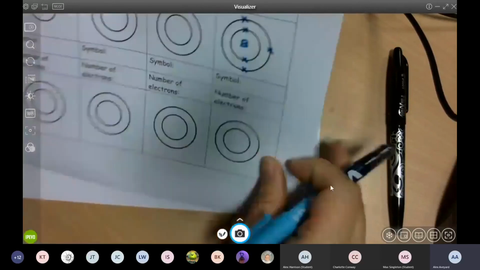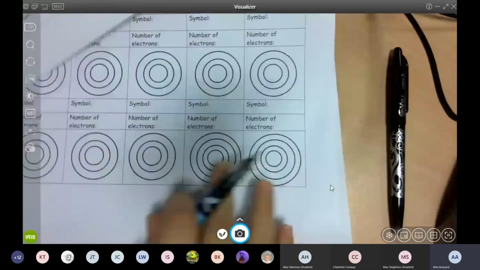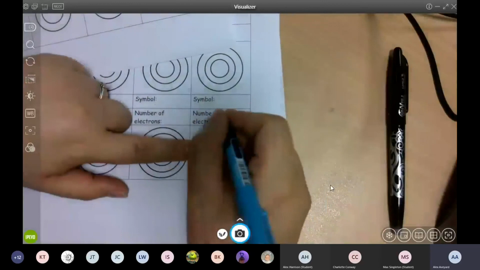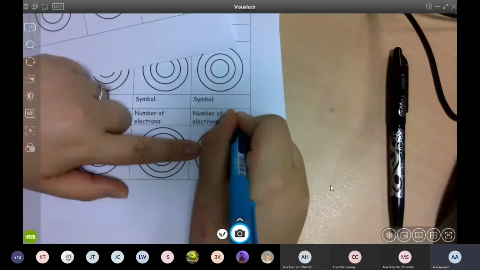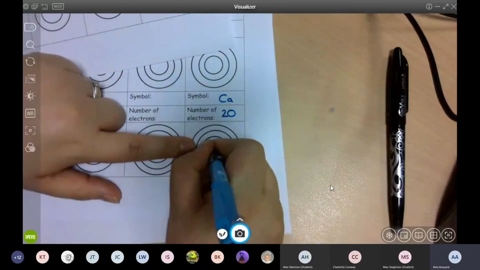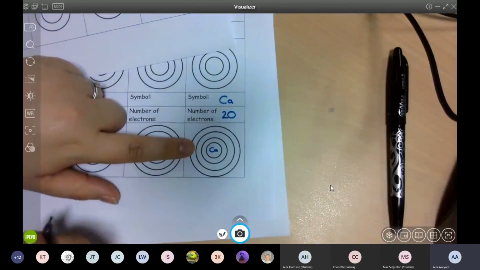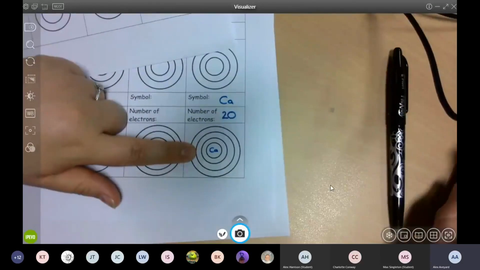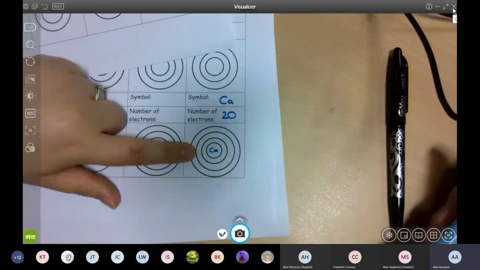So I'll just turn the page. We only go up to calcium. So this last one here will be 20 electrons. And it's calcium that has 20 electrons. Ca. I'm not going to draw that out for you again, but that will be the last one on your sheet. So I'm going to close this down and I'm going to go back to sharing the PowerPoint.